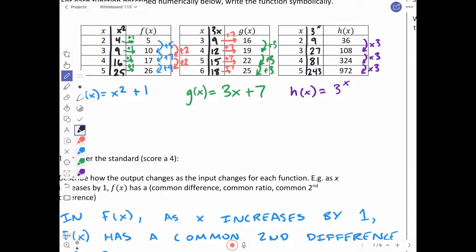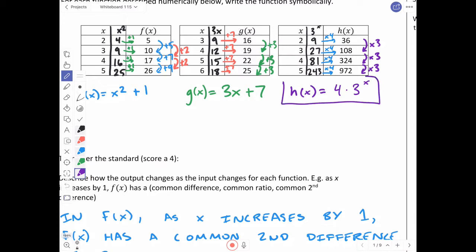There we go. And then I'm asking myself the question, how would I get to 36 and 108 and 324 and 972? And I'm seeing I could use times 4 to get 36, and times 4 here to get 108, and times 4 here, and times 4 there. So I've got 4 times 3 to the x, which generally gets written that way.